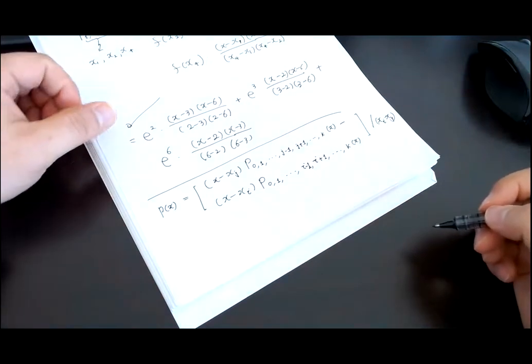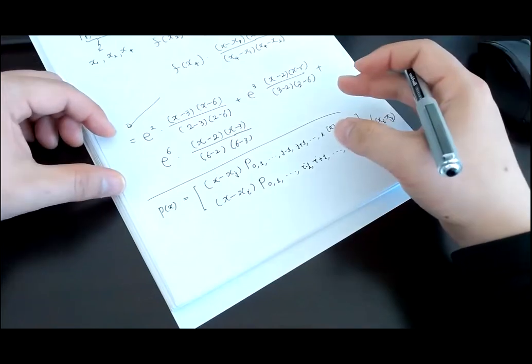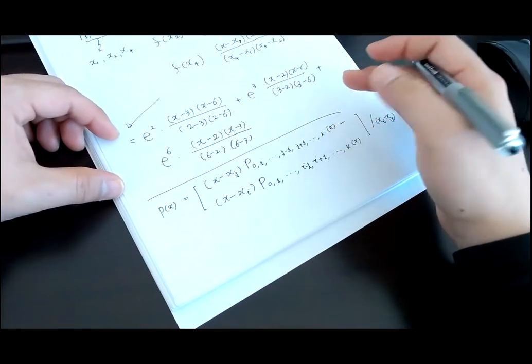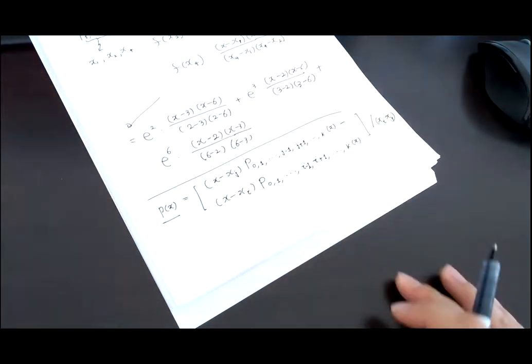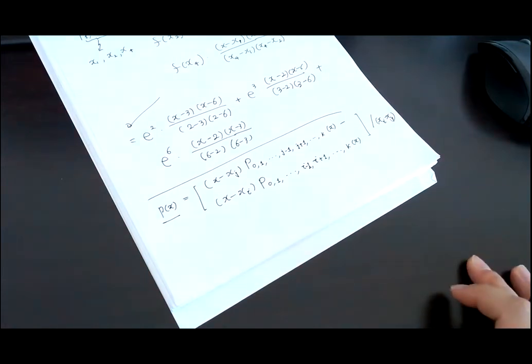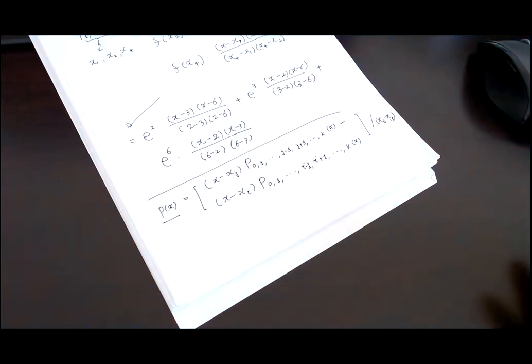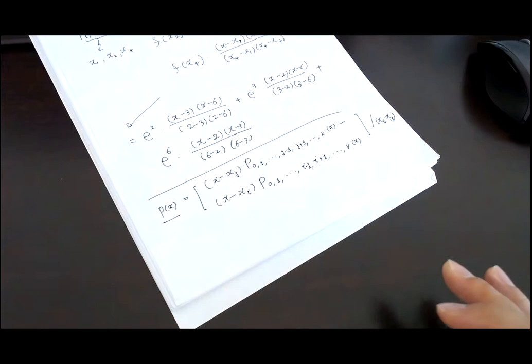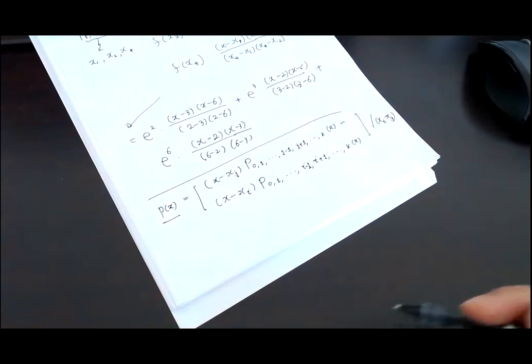This is P. The theorem says that P of x is the degree k Lagrange polynomial that interpolates function f at nodes x0 through xk. So we have to prove that P of x agrees with f of x at nodes x0 to xk.